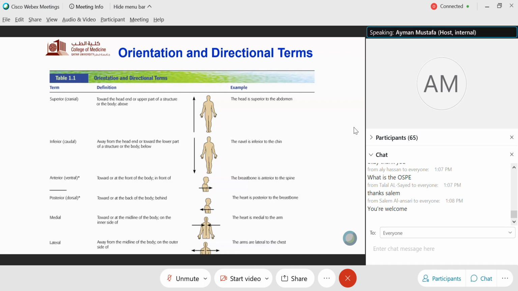I think this is very simple for all of you. It talks about a vertical relationship between organs. The one on top, closest to the head, we will call superior to the other. And the one closest to the feet, we will call inferior compared to the other. The examples given to you here are that the head is superior to your abdomen. Your abdomen is superior to your pelvis.